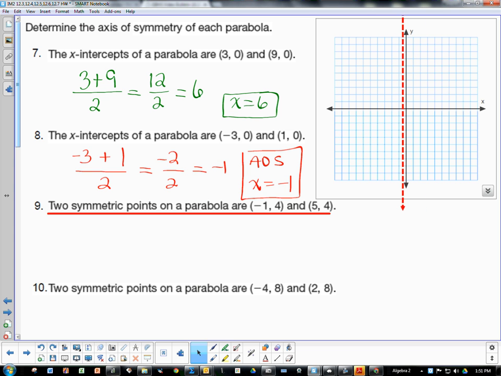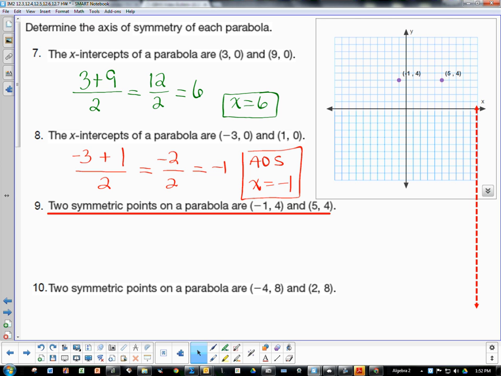I'm going to quickly graph -1, 4. So left one, up 4. There it is. And let's graph 5, 4. So 1, 2, 3, 4, 5, up 1, 2, 3, 4.